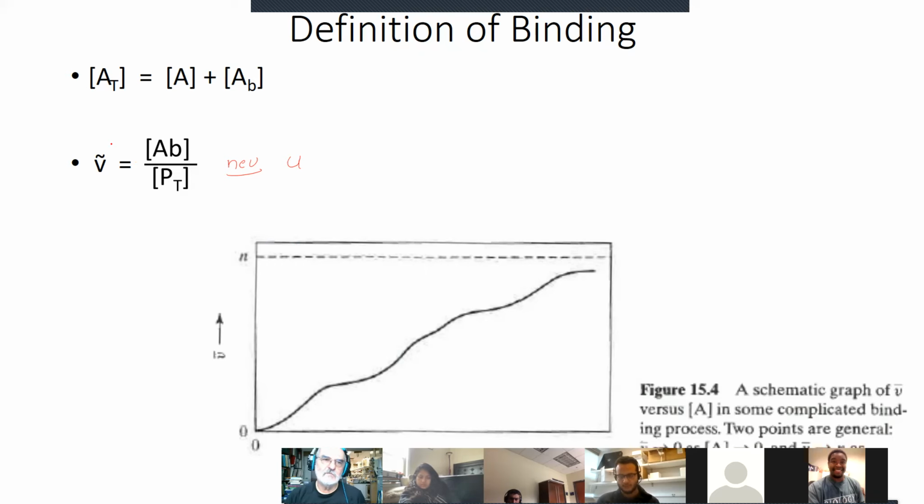And what he's doing is defining what this is. And so up above, we already did this. The total concentration of ligand is the free concentration of ligand plus the bound concentration of ligand. This accounts for everything. Either you're free or you're bound. And so nu is defined as, that should be a sub B, how much is bound divided by the total.